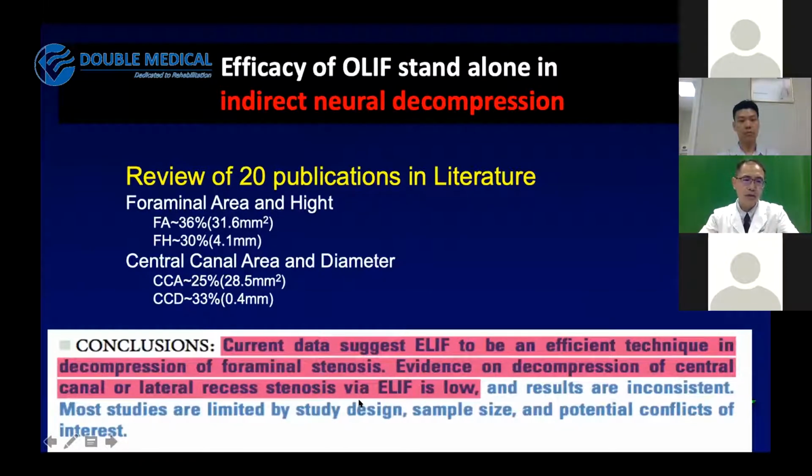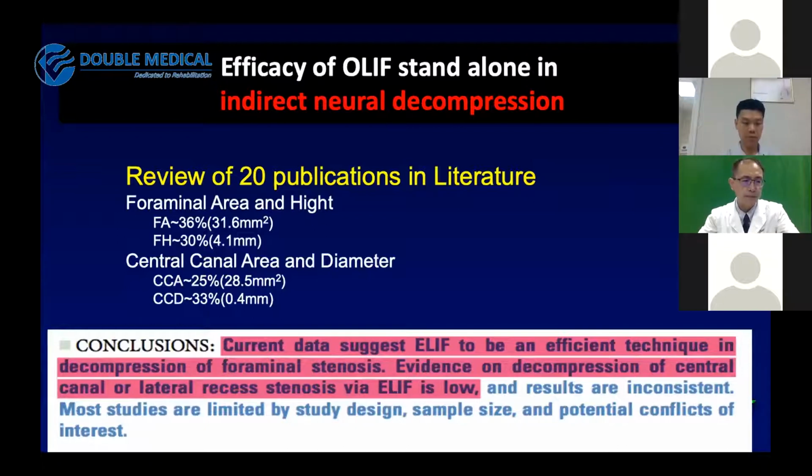So by literature review, we can see that OLIF can increase foraminal area and height, and increase the central canal area and the diameter by about 25 to 30%.